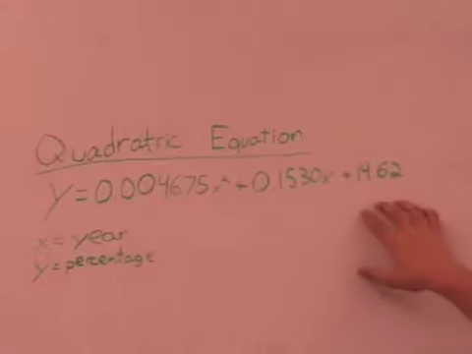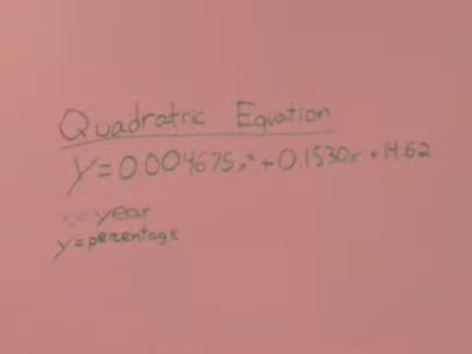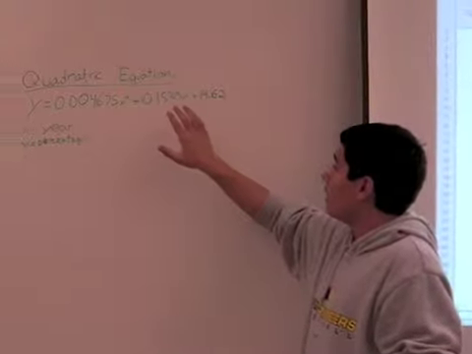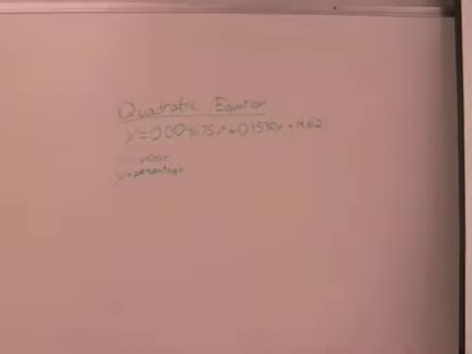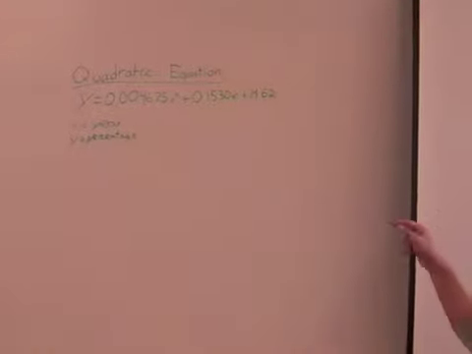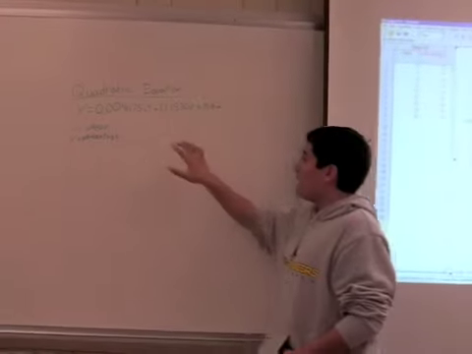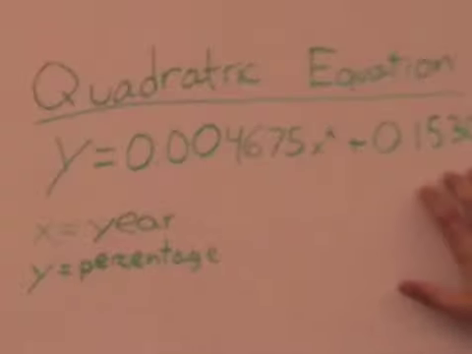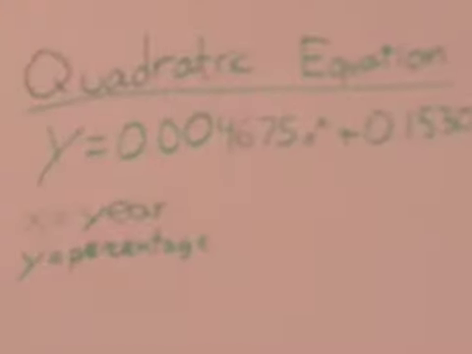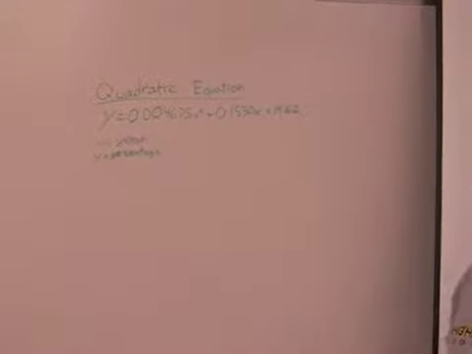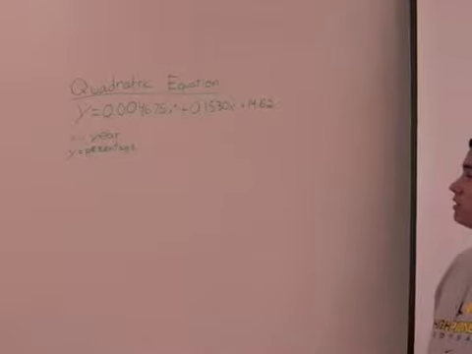The y-intercept here actually represents the percentage of obese people in the U.S. at 1960, and this coefficient here is the first increase from year 0 to year 1, which is 1960 to 1961, the increase in the percentage of obese people, and this is the rate of growth. So again, x represents the years and y represents the obesity percentage of adults from 20 to 74 in the U.S.